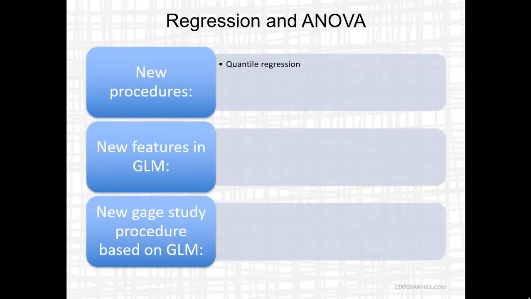Version 19 also includes important additions in the areas of regression and the analysis of variance. There's a new quantile regression procedure for modeling the effect of multiple factors on the quantiles of a distribution. New procedures have also been added for situations where the dependent variable follows a zero-inflated Poisson or negative binomial distribution.